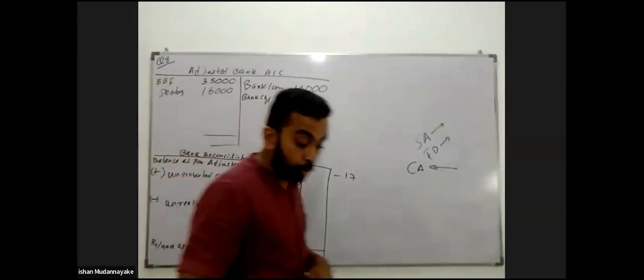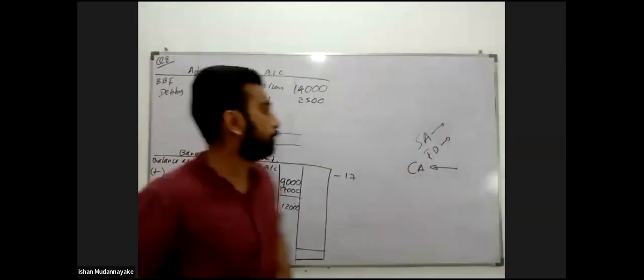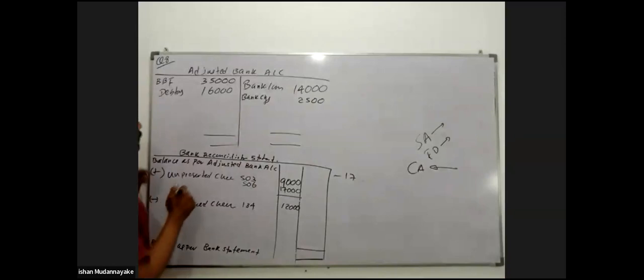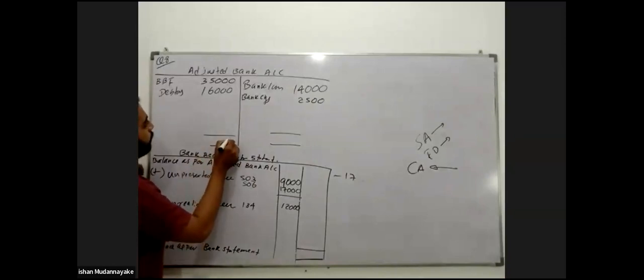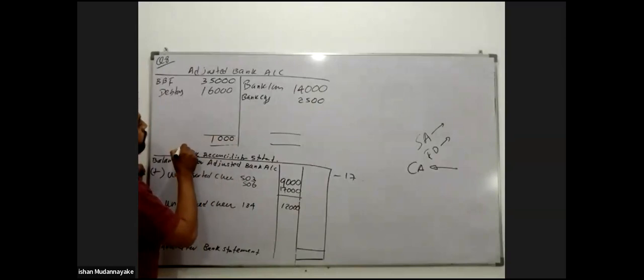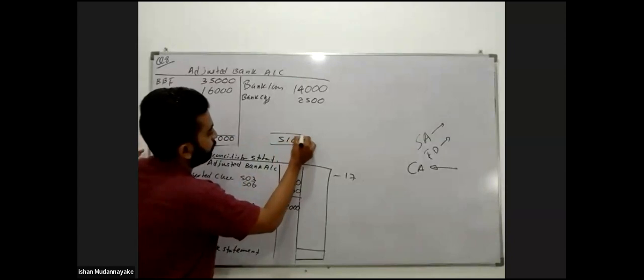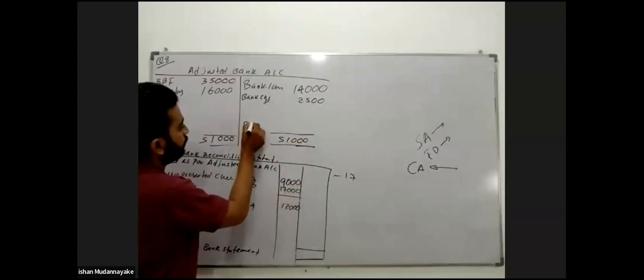Right, fine. All the unrecorded balances we have recorded, right? Quickly balance off the adjusted bank account. Closing bank balance, how much?